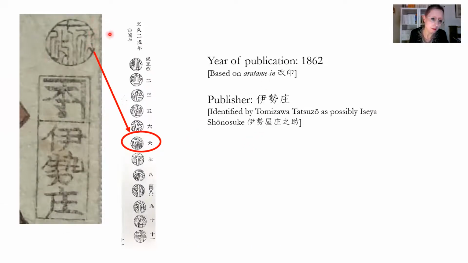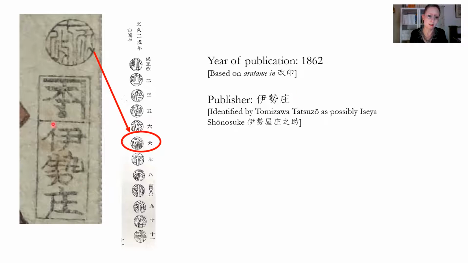And these little seals allow you to date later publications. We're really talking about the 18th, 19th century, and to date some of the prints. For the time being, I will not explain how aratame-in works, but there are aratame-in tables, and as you can see here, it has to really match, and we're talking about 1862, the 6th month of 1862.